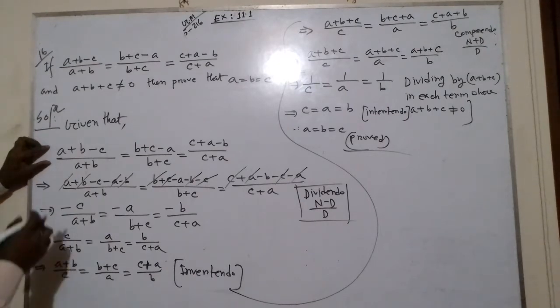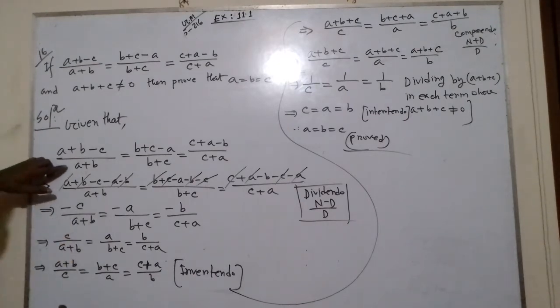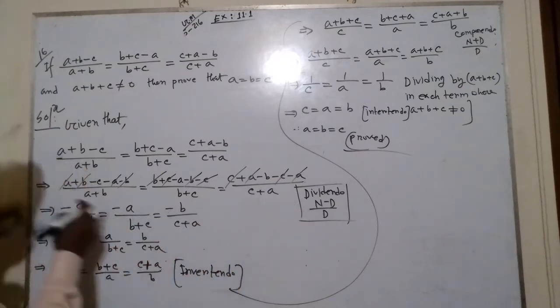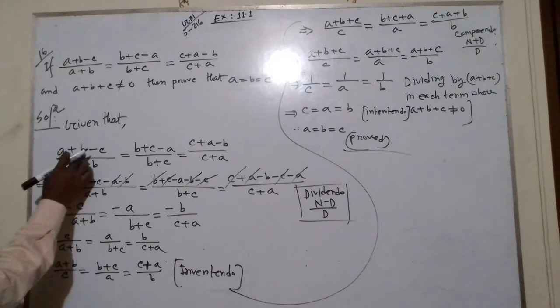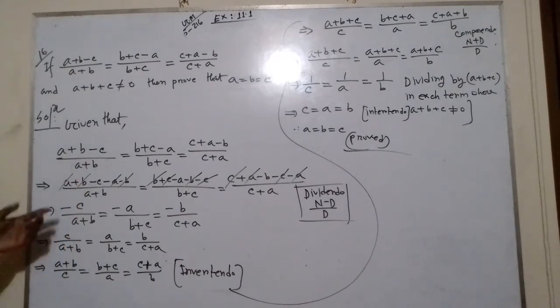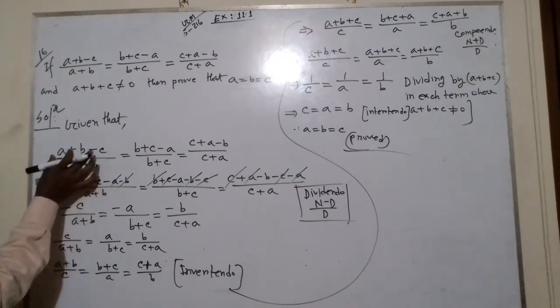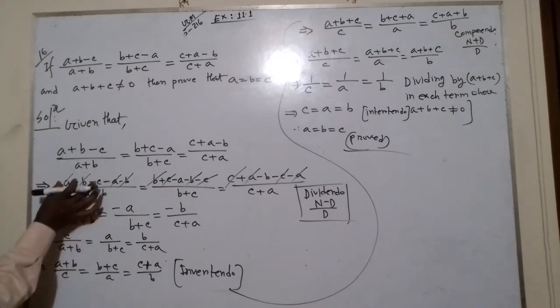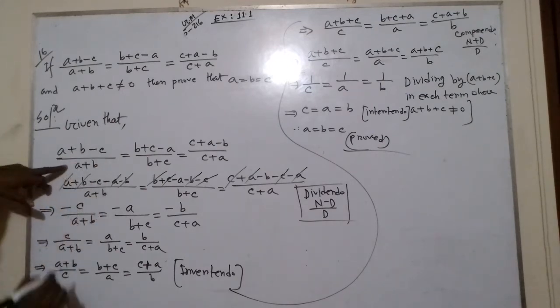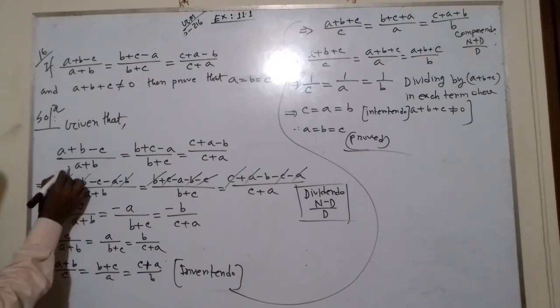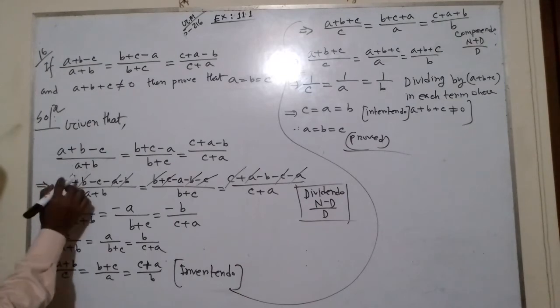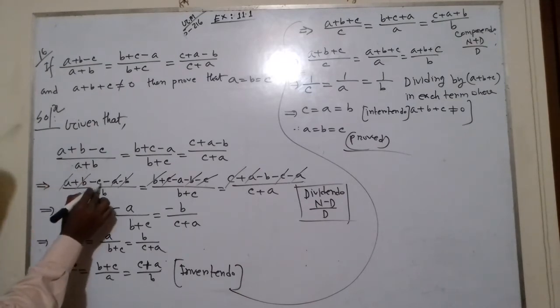then I will use the formula of dividendo, because if we use the formula of dividendo, a and b are cancelled. Look, numerator a plus b minus c, that is numerator minus denominator. So minus and plus, minus and plus is minus.